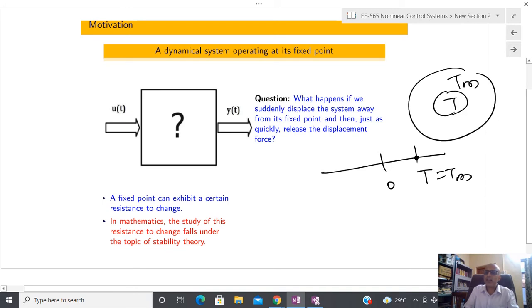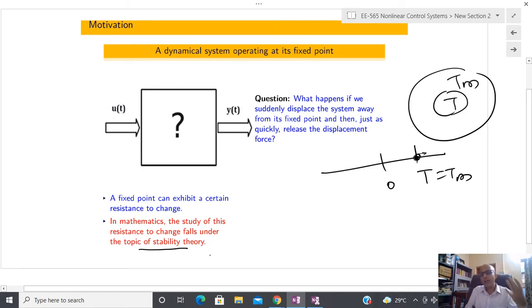If you start here, you are going to stay here. If you perturb from here, then this generates some kind of resistance. Mathematics people or control people have given a certain name to that resistance. Somehow you are at rest, and if you change that, then some resistance comes into the picture. That change, or the behavior of that change, comes under the topic of stability.